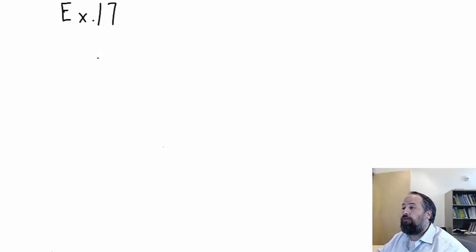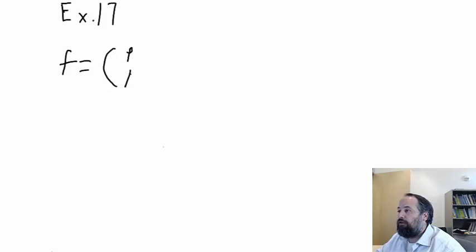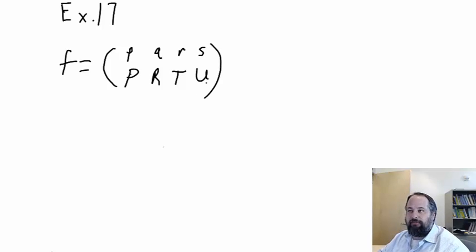Let's define a new function f, which is equal to, we're going to give the two-line notation here, lowercase p to uppercase P, q to uppercase R, r to uppercase T, and s to uppercase U. So that's our function f.